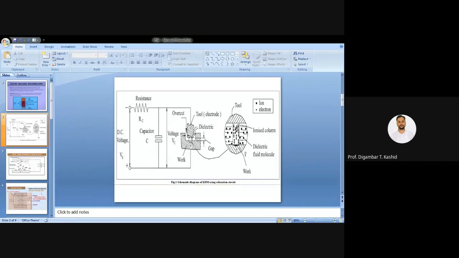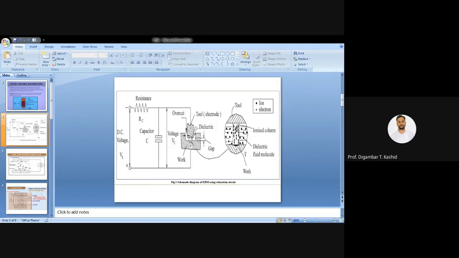Here you can see the electrodes, that means your tool and the workpiece. One is the tool and the other is your workpiece, so both are electrodes.